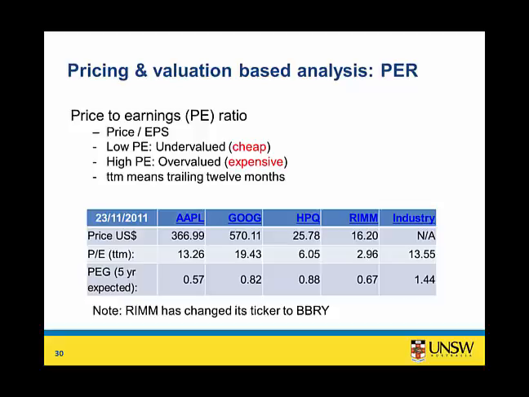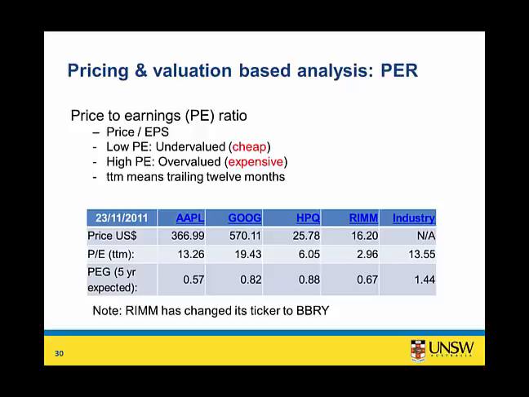And we're interested to compare Apple with some competitors. In the tutorial question, you can see we focused on airlines. So we can compare Apple with Google, Hewlett-Packard, and RIMM, where RIMM is the company that makes BlackBerries, and they recently changed their ticker code to BBRY, so it can more resemble a BlackBerry.